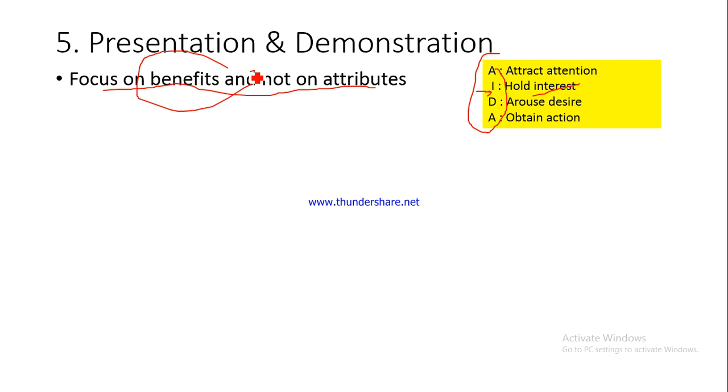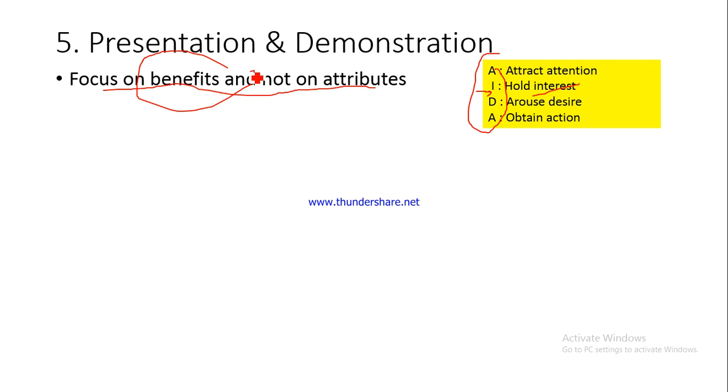For example, if you are selling a car, don't talk about the torque, don't talk about the engine capacity, don't talk about the power of the AC that you are having in the car, right? Don't talk about features like power drive, power steering. Just tell him what is the benefit of these attributes, because the prospect may not be able to understand these technical features, but he understands the benefits that these attributes would give him.